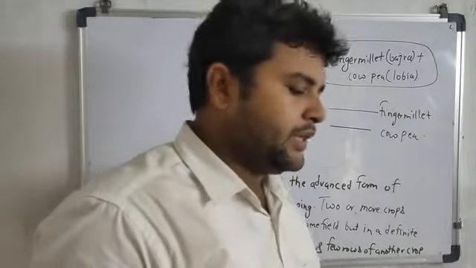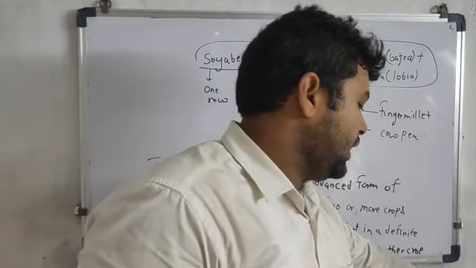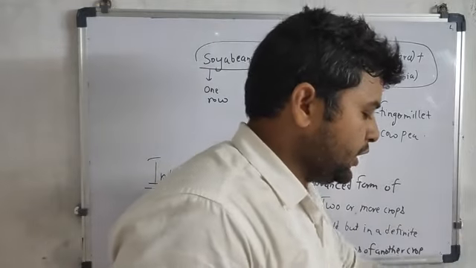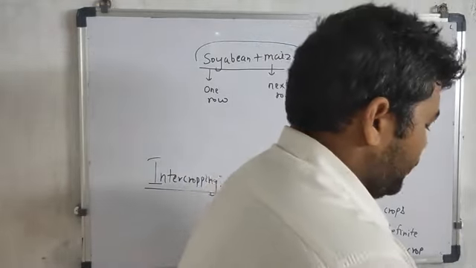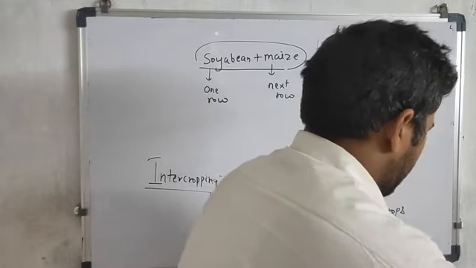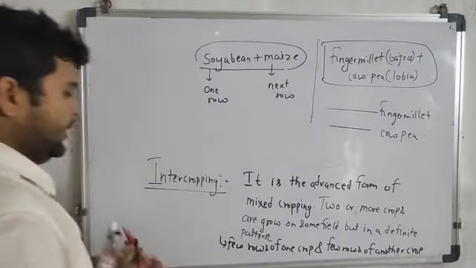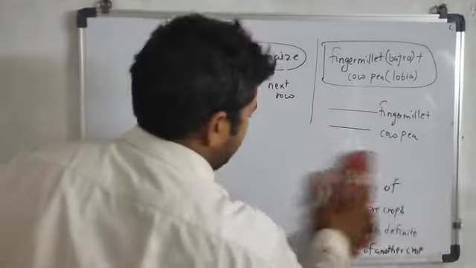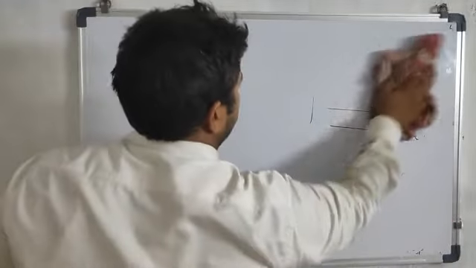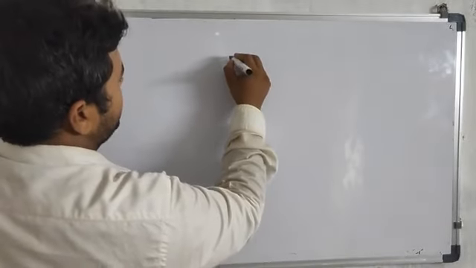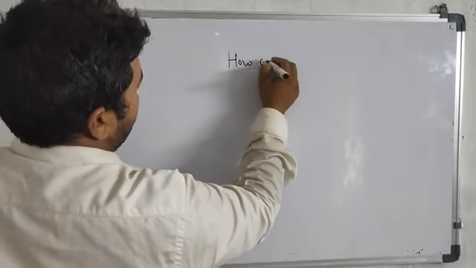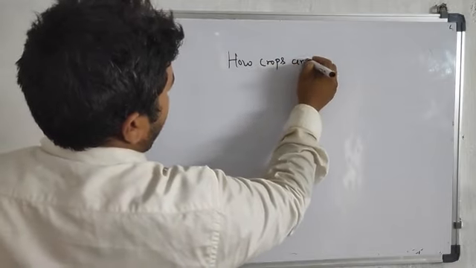Note it down. Then we are discussing how the crops are chosen. So here also we have to discuss how crops are chosen in case of intercropping.